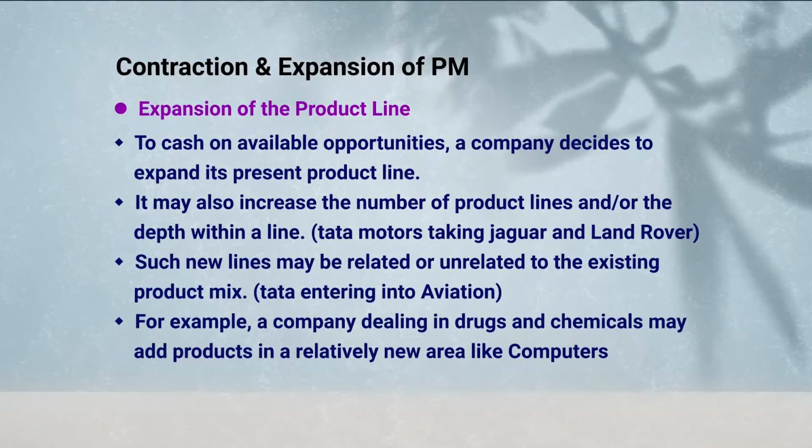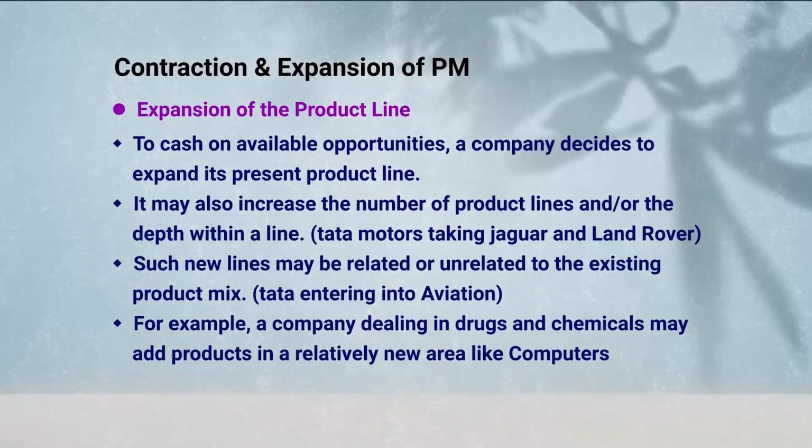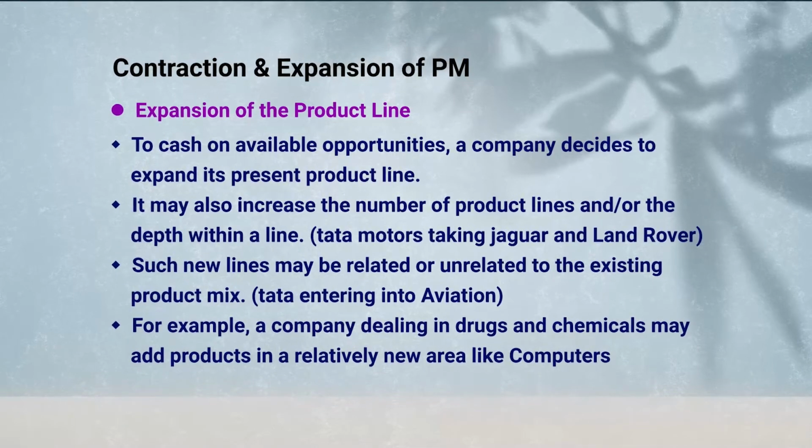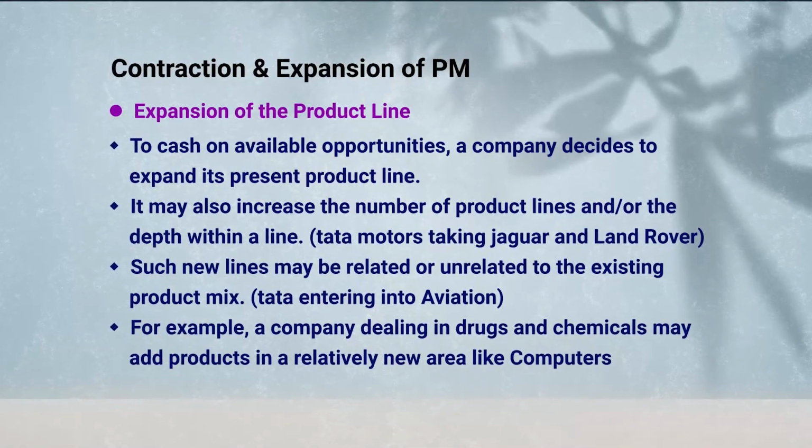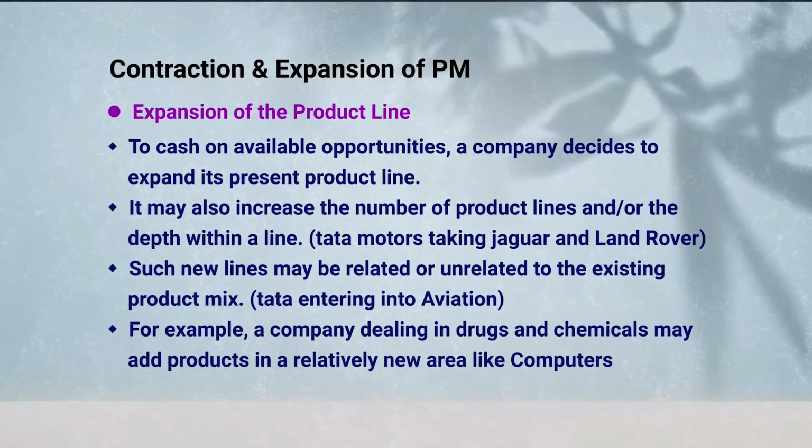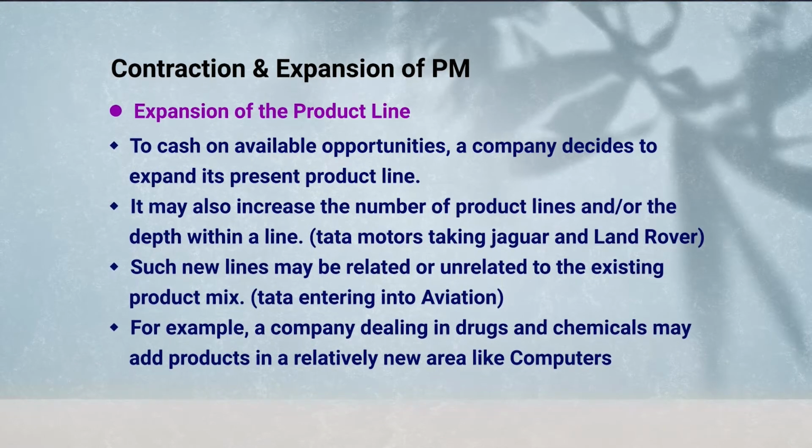But if you are adding a whole new product line to your product mix, then it becomes expansion of product mix. For example, suppose a company is dealing in drugs and chemicals and now it wants to go to a completely new area. Say for example, it wants to deal with computers now. So this will be expansion of product mix.